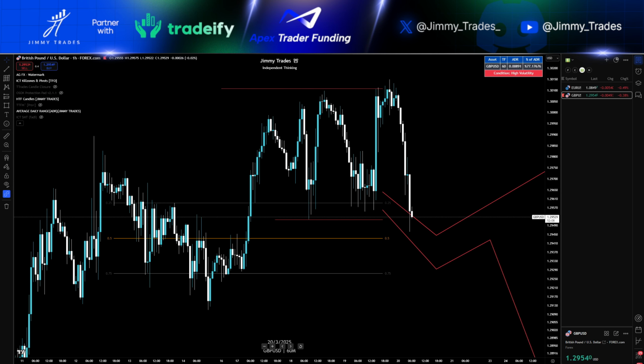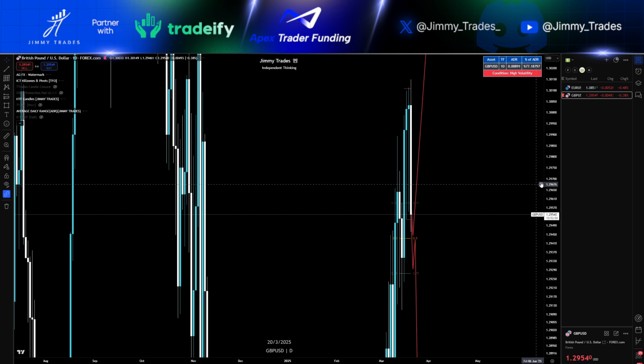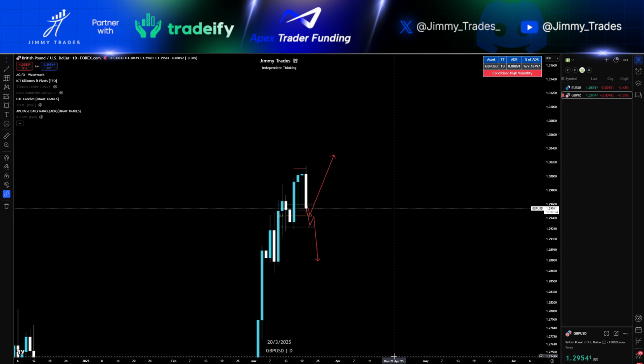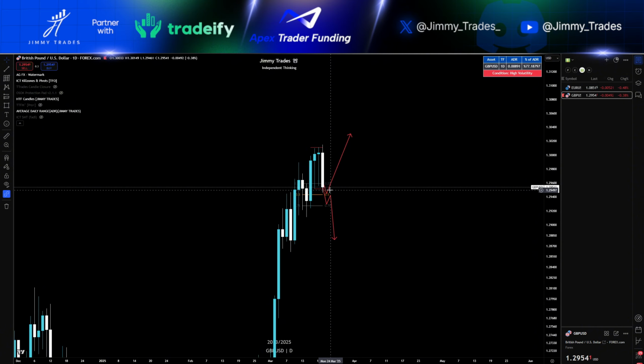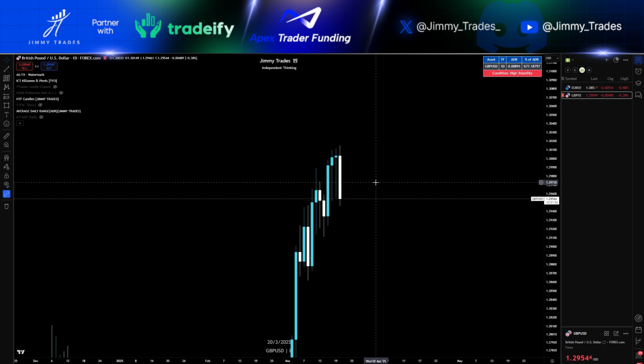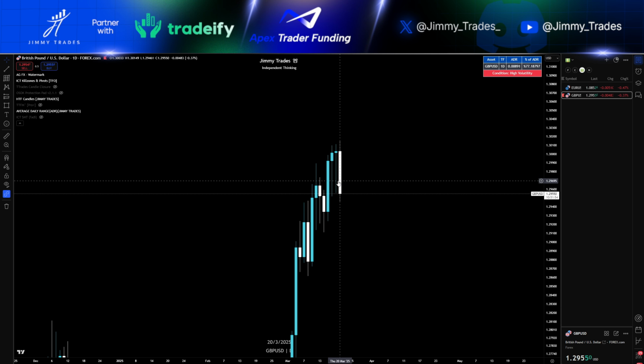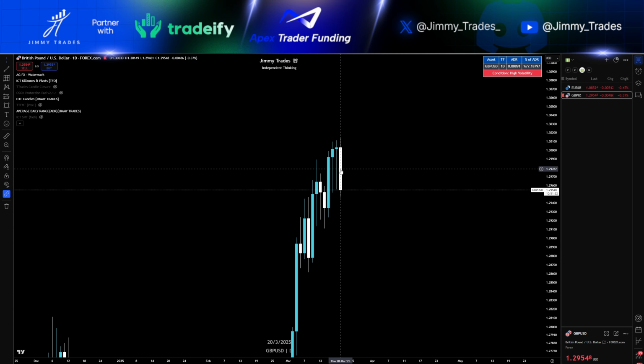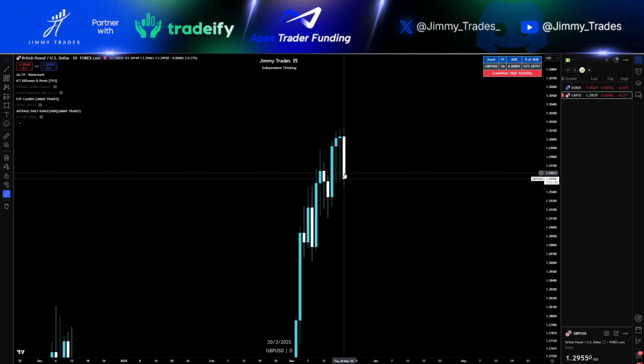GU. Let's clear that up. Looks like we're starting to get a balanced price range here. We swept previous day high already.